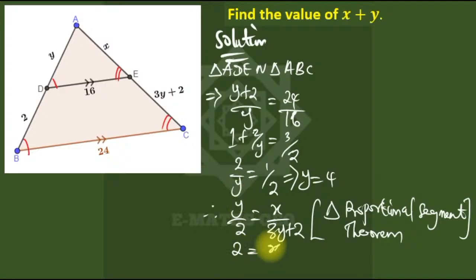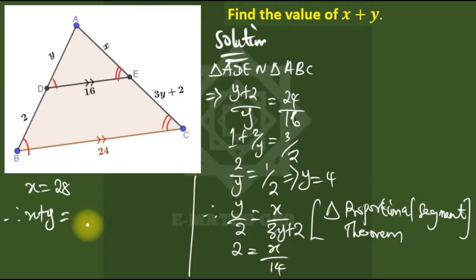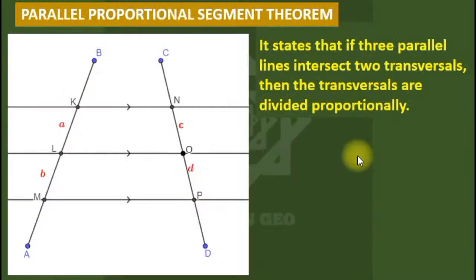This is X over, 3 times 4 is 12, 12 plus 2 is 14. So X will be 2 times 14, which is 28. Therefore, X plus Y, which we are asked to find, is 28 plus 4. The answer is 32.